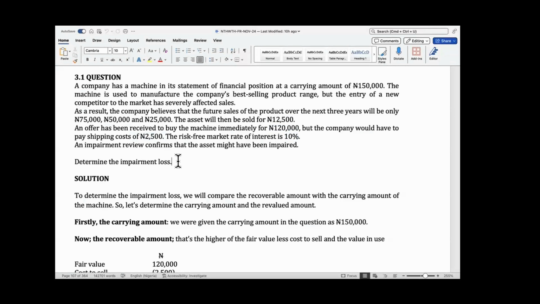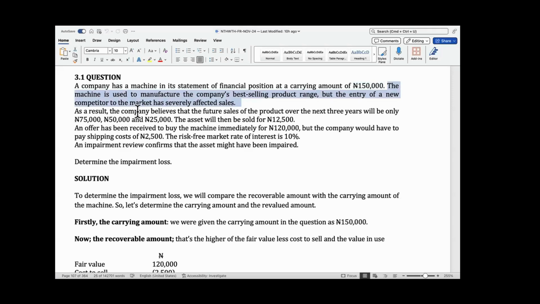Now, with this, I can see that the carrying amount of the assets is 150. From here, they are telling you what would trigger an impairment test: there is a new competitor in the market and it has affected your sales, right?